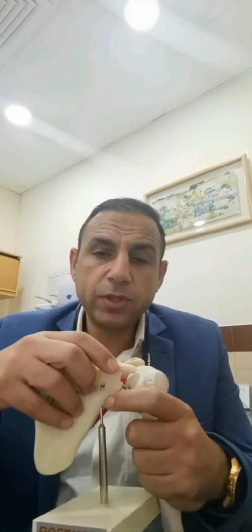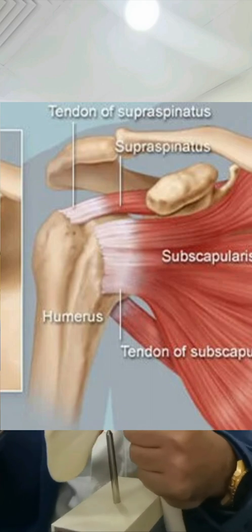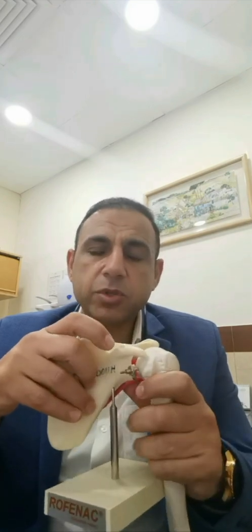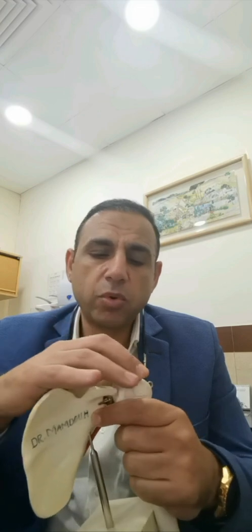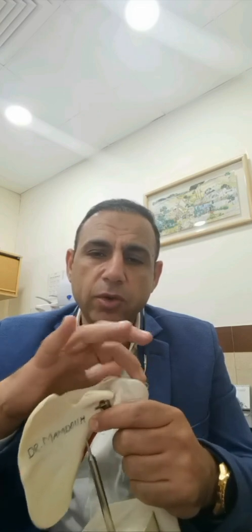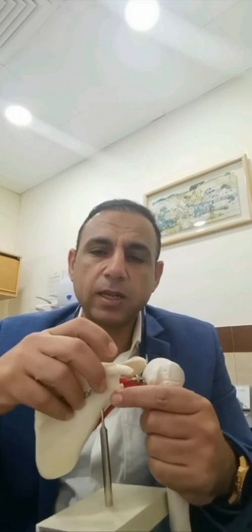The support of these joints depends on the ligaments and the tendons attached to the proximal humerus, and also the capsule. The capsule is a sheath which lies directly over the bone, attached to the edges of the proximal humerus and the glenoid, and over it lie the tendons.